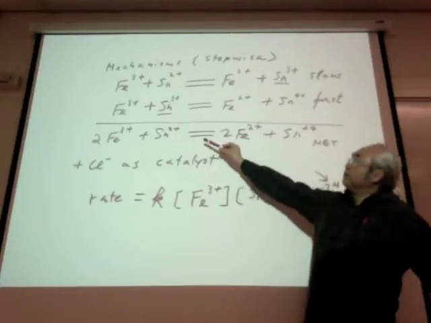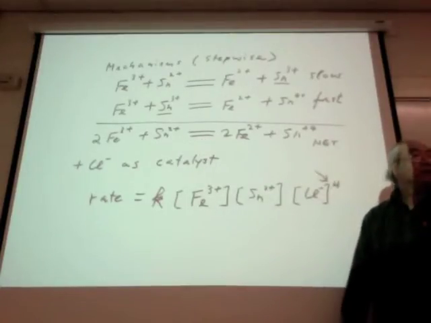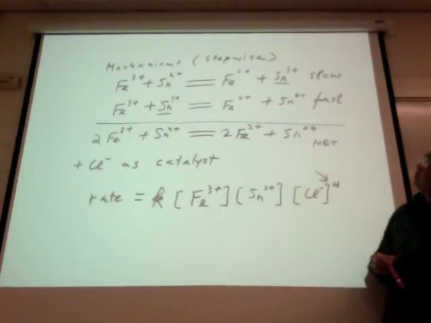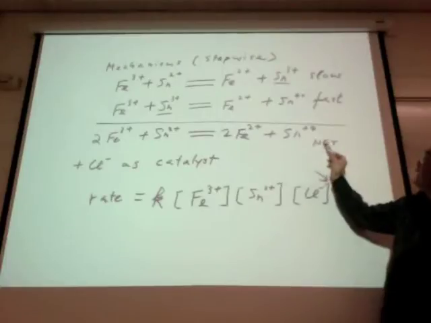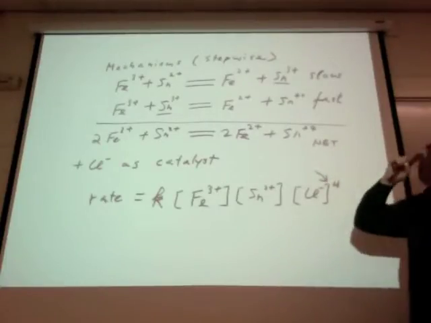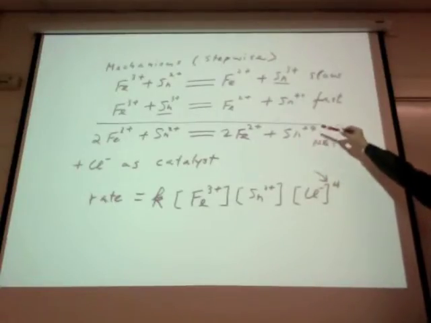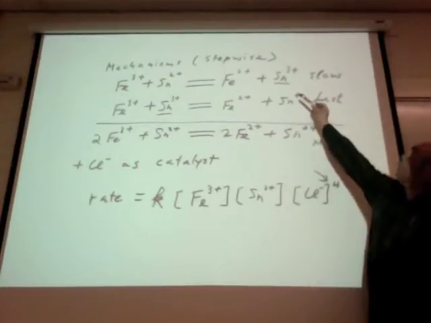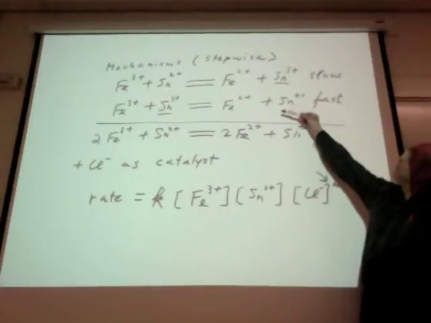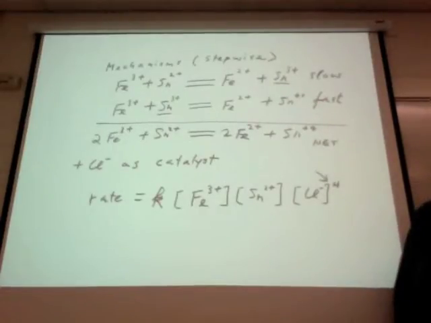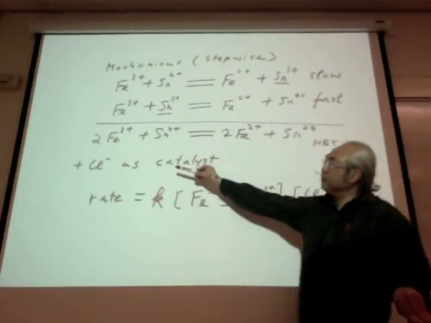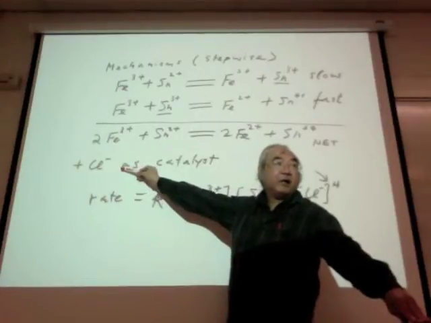This is the same as when you combine the two half reactions, and you end up with this overall reaction, the net reaction. So it looks like if you could take care of the slow reaction that generates the Sn3+, then you will speed up the reaction. The catalyst in this particular reaction is simply the chloride anion.